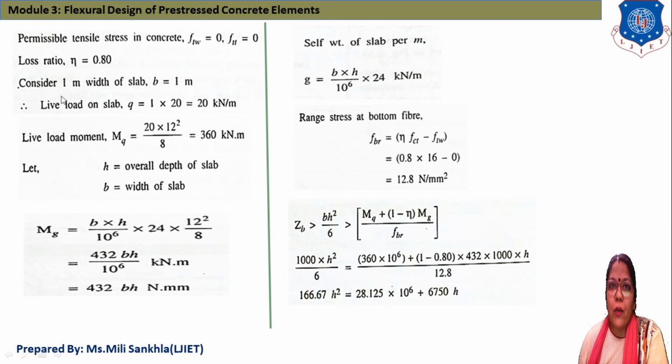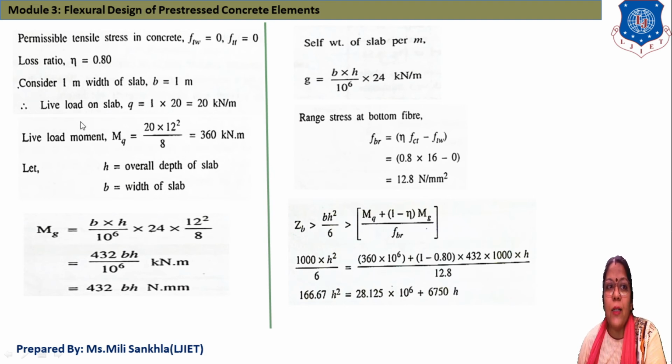Now here we consider 1 meter width of slab, so we take B equal to 1 meter, and live load on slab is Q, that is 1 into 20, so 20 kilonewton per meter, that is the live load of 1 meter width. Now we find the live load moment, that is W L square by 8.